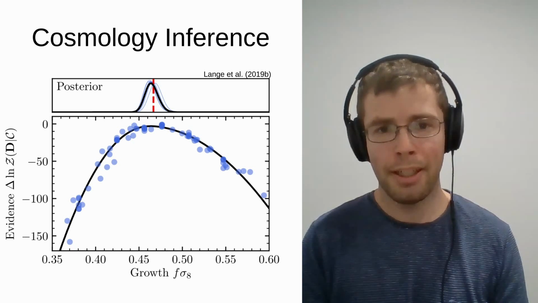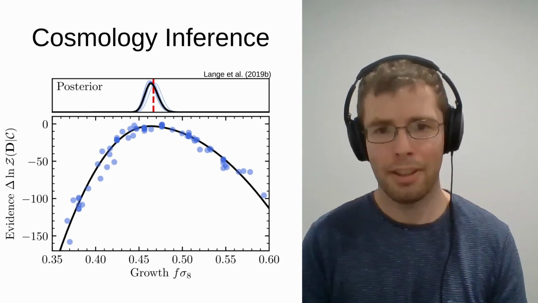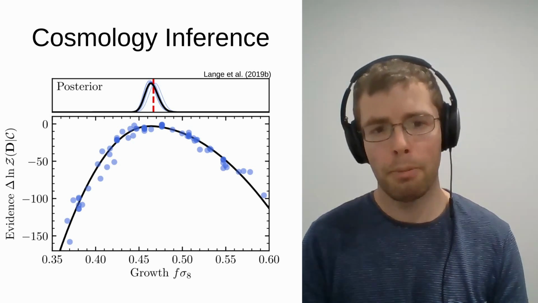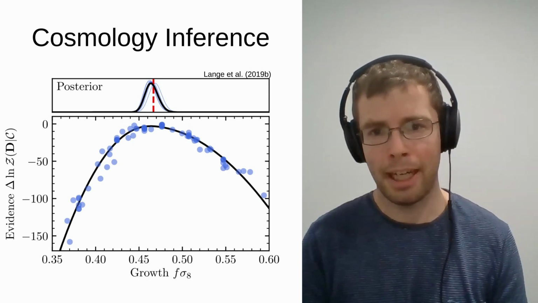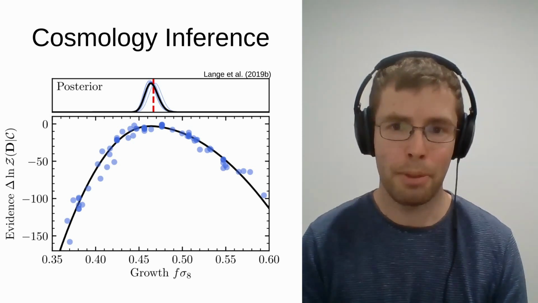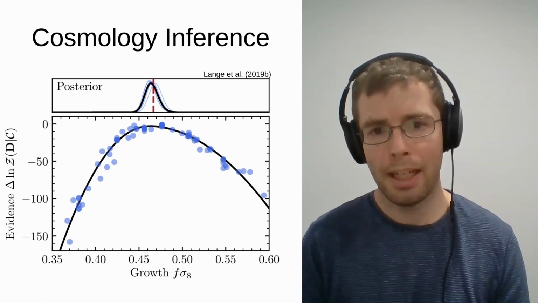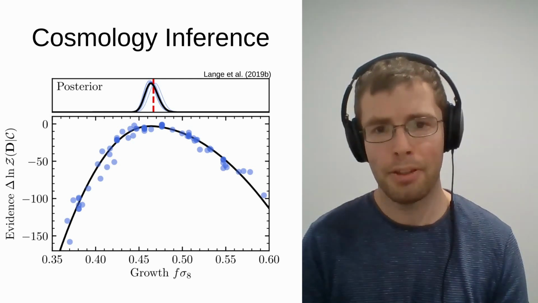The summary statistic can either be the marginal likelihood, marginalized over the galaxy connection parameters, or the profile likelihood, so the best fit likelihood, again after marginalizing over the galaxy connection parameters. And then you just have to generalize how this summary statistic, the likelihood, depends on the cosmological parameters of the underlying simulation.